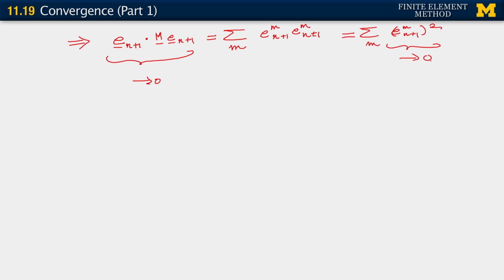that sum itself has to tend to 0, right? Which means the modal coefficients themselves have to go to 0. Okay, so what this implies finally is that the limit as n+1 tends to infinity of E^{n+1} dotted with E^{n+1} equals essentially the limit as n+1 tends to infinity of this sum.